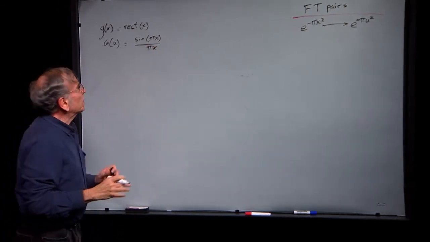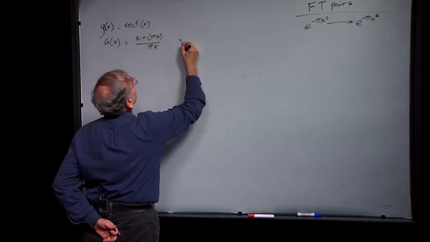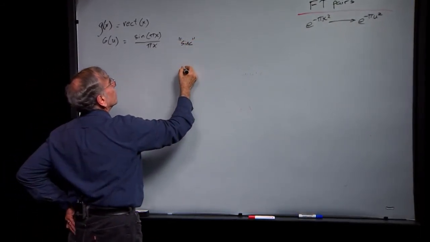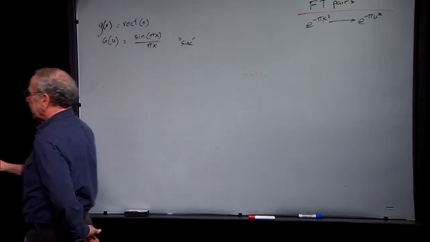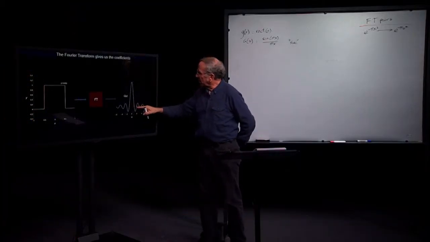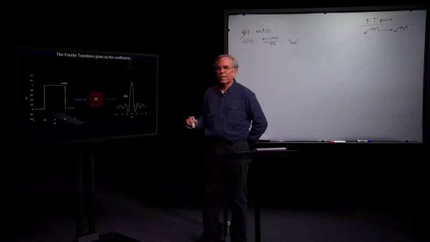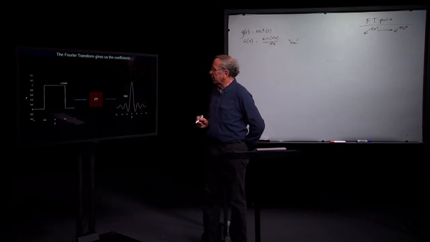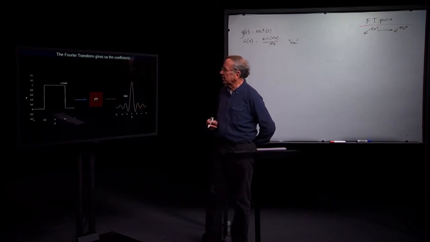This is a special function that goes by the name of the sinc function, and it has this oscillating behavior where there is a 0 at u equals 1, u equals 2, u equals 3, and every integer value of u, there is a 0 in the sinc function, and in between it oscillates in polarity.